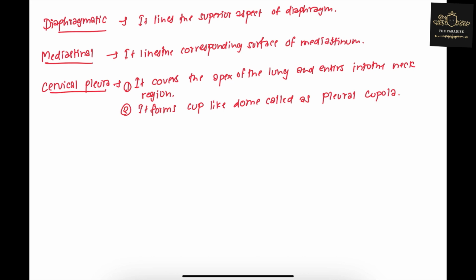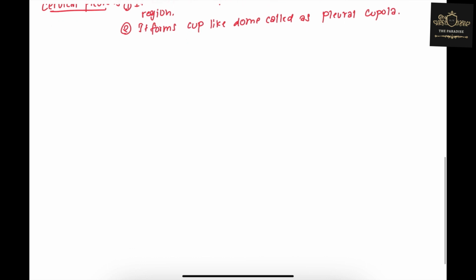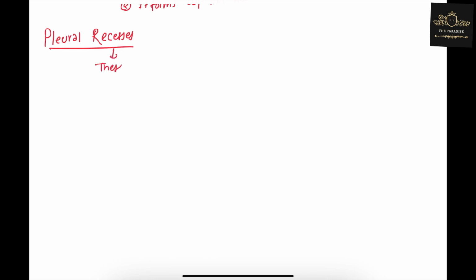So next heading will be on pleural recesses. Recess means space, slightly dilated space. These are slightly dilated spaces of the pleural cavity.